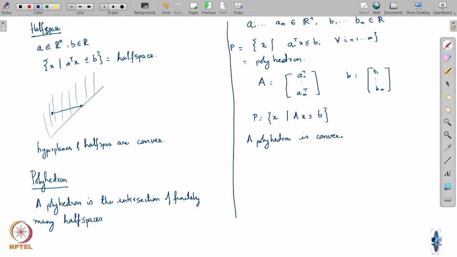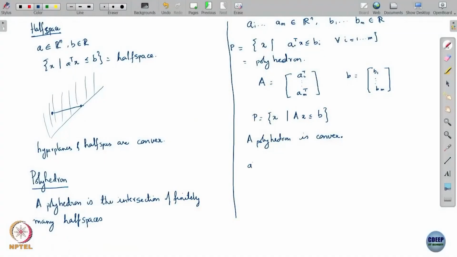Is a polyhedron bounded? The answer is no, because a half space is a polyhedron, a hyperplane is a polyhedron, right. These are not bounded sets.